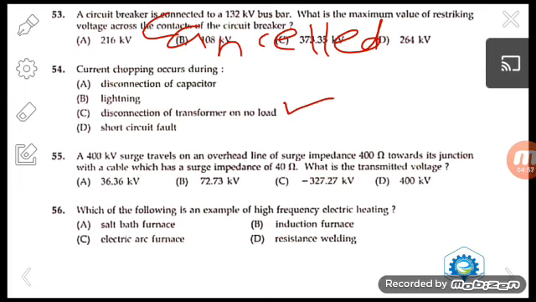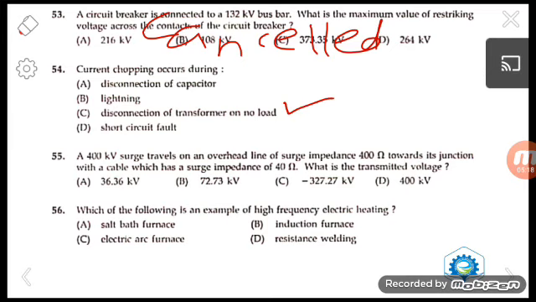And the next one is, a 400 kV surge travels on an overhead line of surge impedance 400 ohm towards its junction with a cable which has a surge impedance of 40 ohm. What is the transmitted voltage?